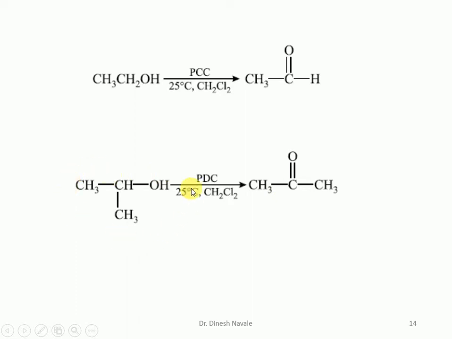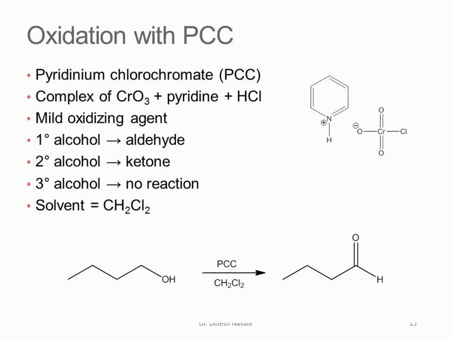Now this alcohol is a secondary alcohol, which on oxidation by using PCC or PDC gives the ketone. PDC stands for pyridinium dichromate. We can utilize the PDC as well as the PCC to convert it into the ketone. Now oxidation with PCC, this we have already discussed. This is the general structure for pyridinium chlorochromate. The reagent is CrO3 in the presence of pyridine and HCl.